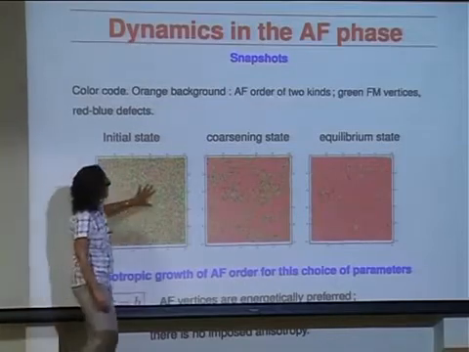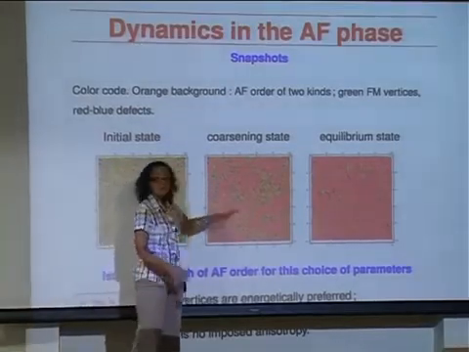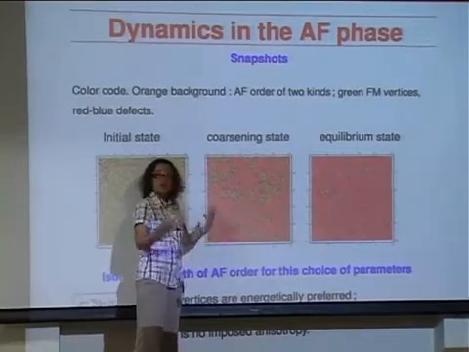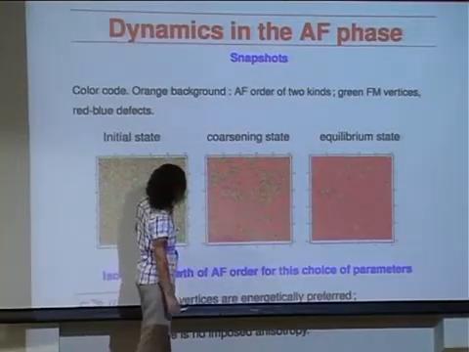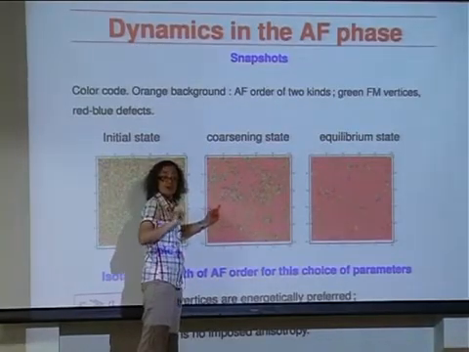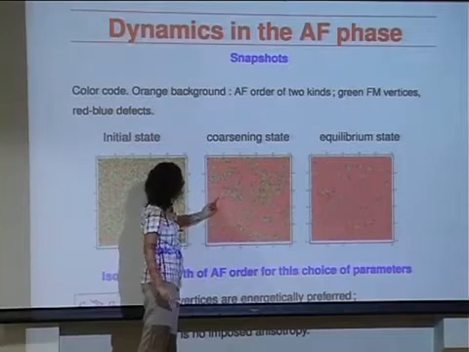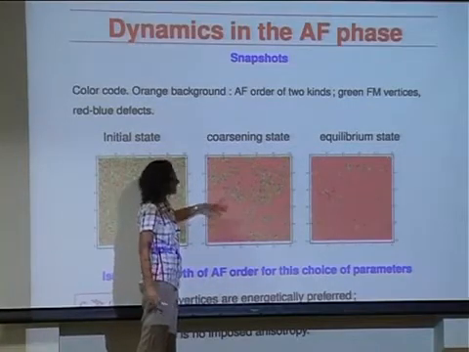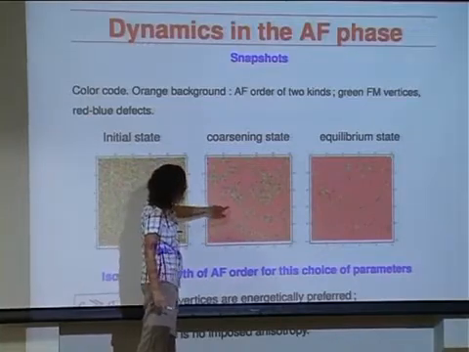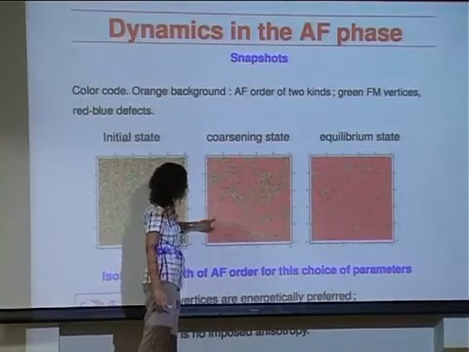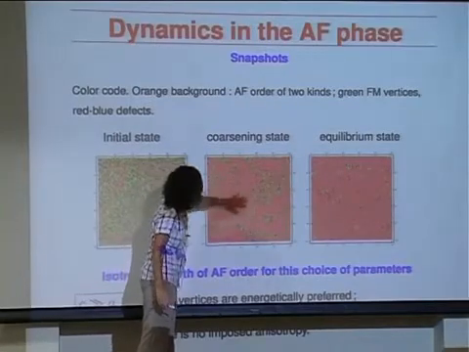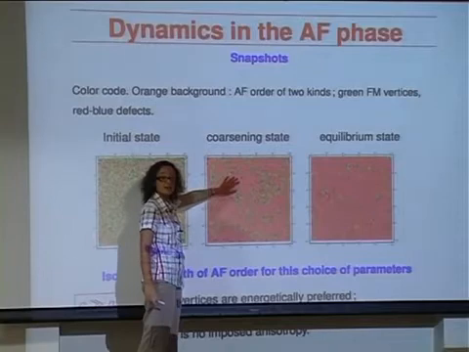Now, if you let it evolve in contact with a thermal bath, like doing Monte Carlo dynamics, the system will evolve after a quench into the antiferromagnetic phase into a situation that looks like this. This is a typical configuration at a given time after the quench, where you have the pink region, with staggered order of antiferromagnetic kind. So all this island, which is pink, is antiferromagnetic order.